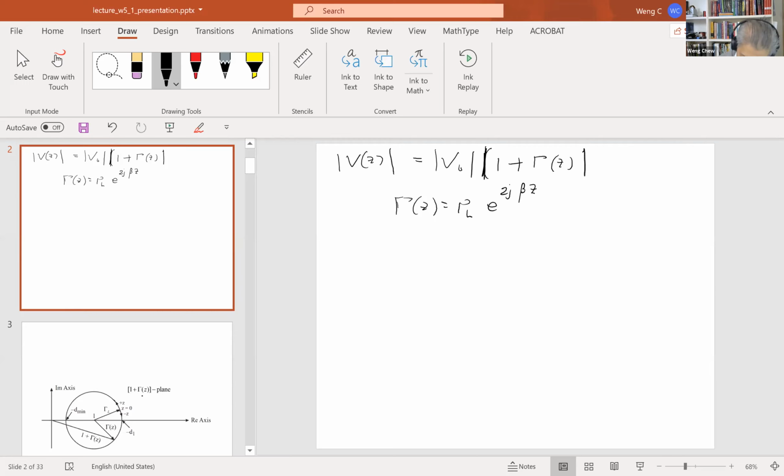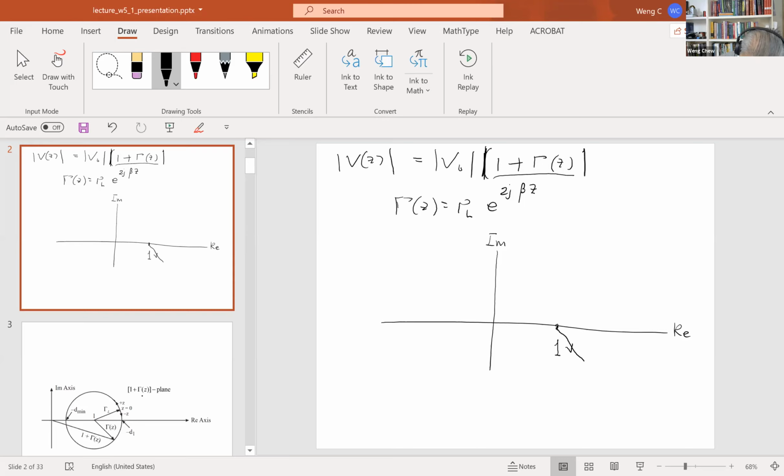And you will find that on the complex plane, with an imaginary axis and a real axis, this number can be represented by 1 plus gamma z, and gamma z can be pointing like this.